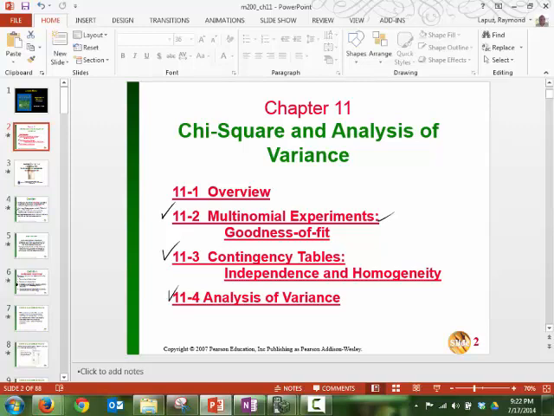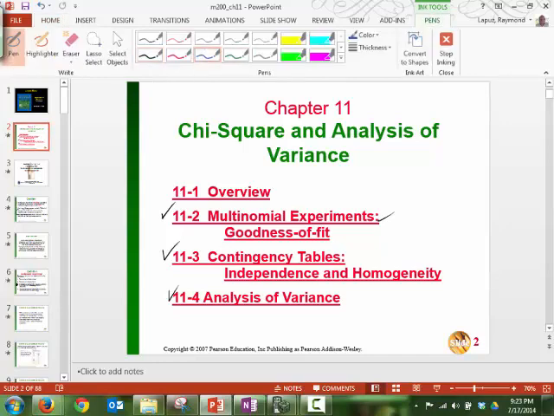We have the goodness of fit test for the multinomial experiments, we have the test for independence, and I think I said that we are not going to worry about the homogeneity. And then we have one-way ANOVA, analysis of variance, and here we're assuming that everything is the same sample size.